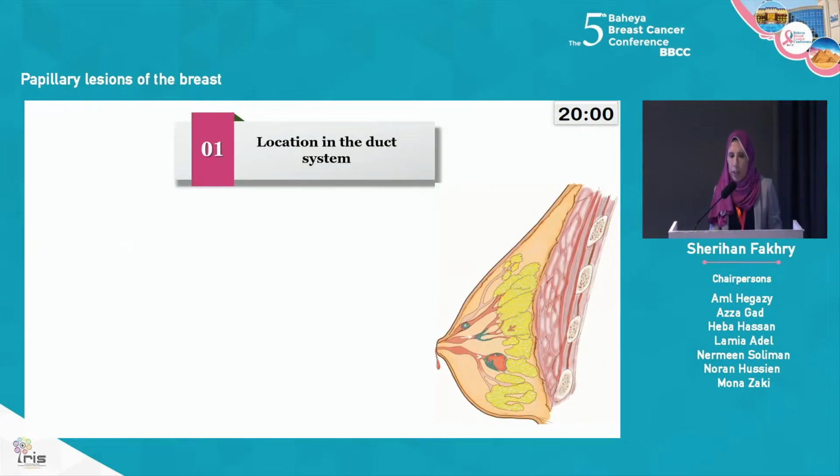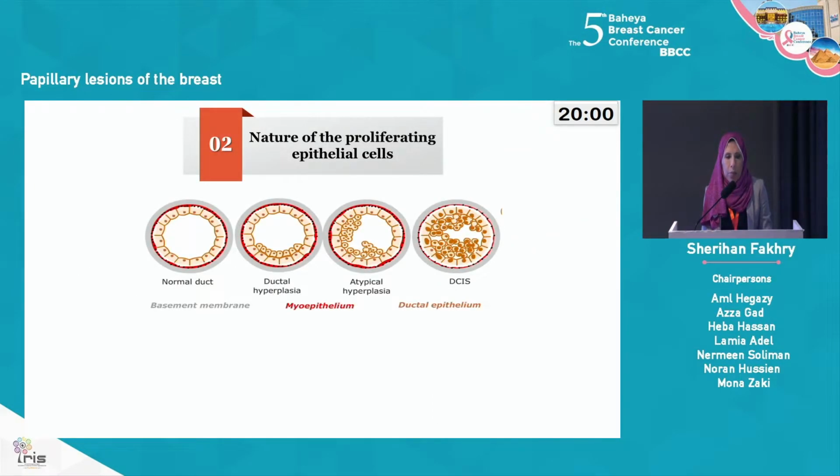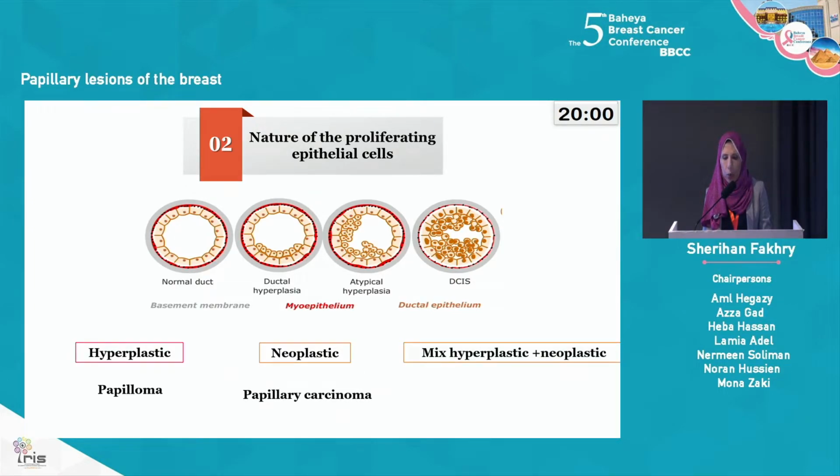Based on the location in the duct system, they are either located within a large duct, like papilloma, encapsulated or solid papillary carcinoma, or within the terminal ductal lobular unit, like papillomatosis or papillary DCIS. Based on the nature of the proliferating epithelial cells, they are either hyperplastic, like papilloma, or neoplastic, like papillary carcinoma, or a mix between hyperplastic and neoplastic cells, like papilloma with atypia.